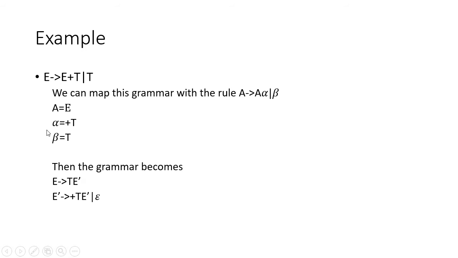Plus is a terminal, T is a non-terminal, and beta is T. So this grammar can be changed as E derives T E dash, E dash derives plus T E dash or epsilon. So E derives E plus T or T has been changed to E derives T E dash, and E dash derives plus T E dash or epsilon.